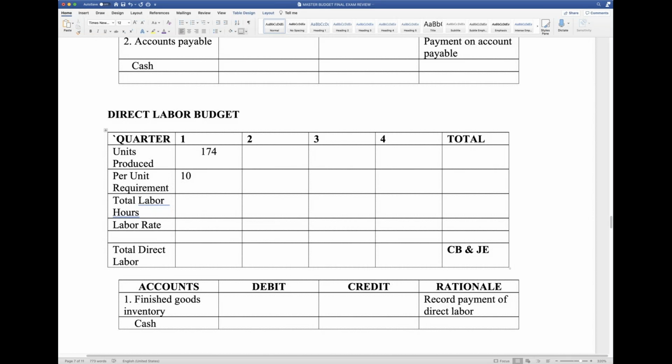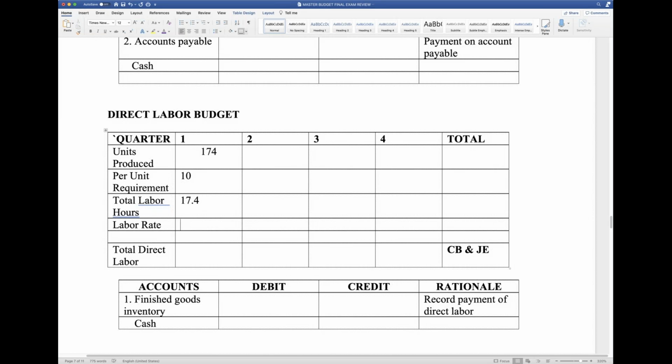17.4. Okay. What's the labor rate? You work for $4 an hour?